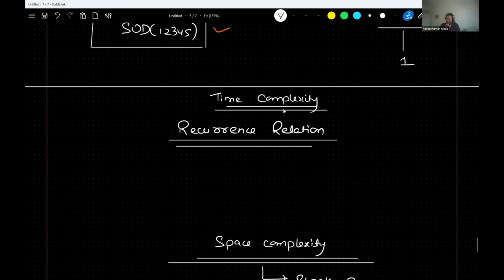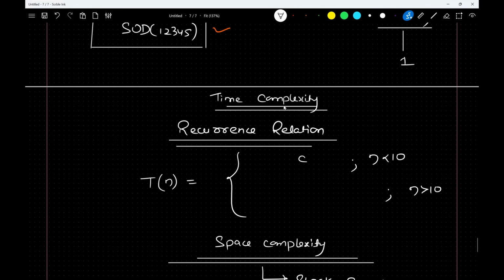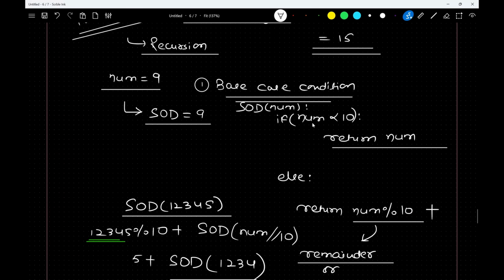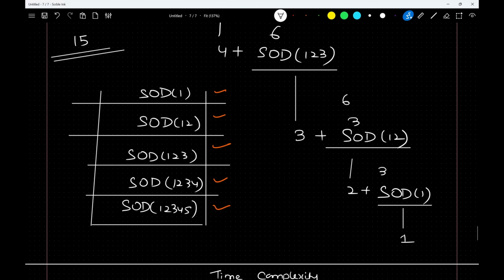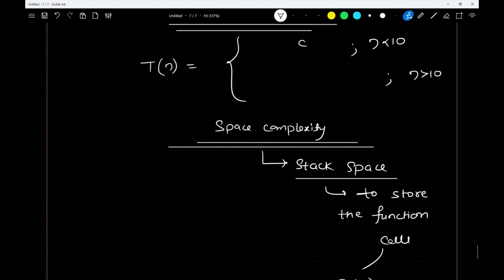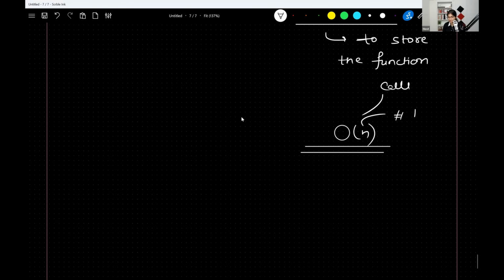If n is less than 10, then it would be constant, C. If n is bigger than 10, then what we can do is n mod 10 plus T of n by 10, or no, I think it's T of n minus 1, because n indicates the number of digits, right?